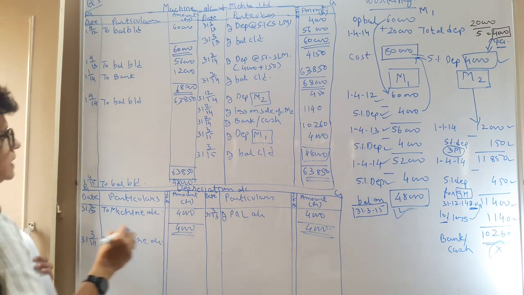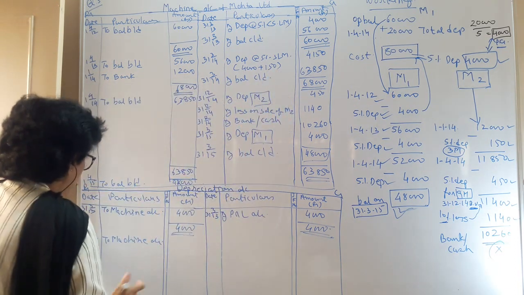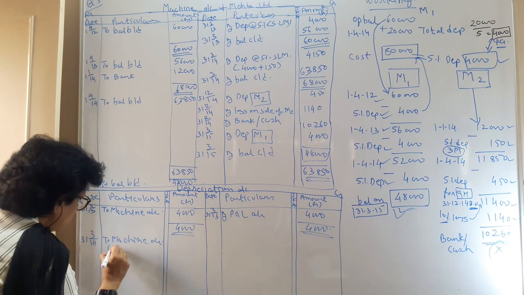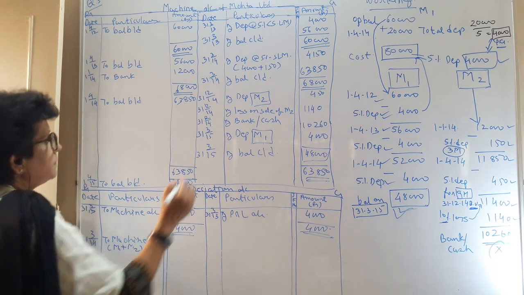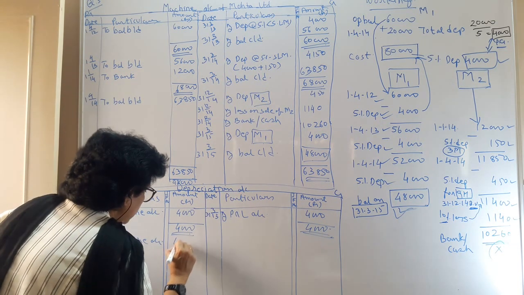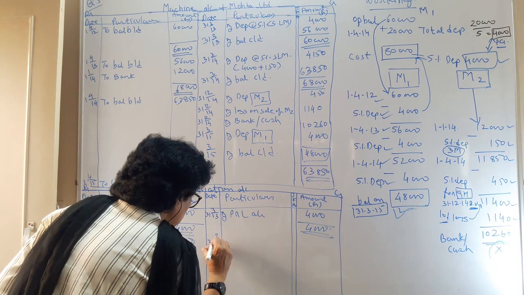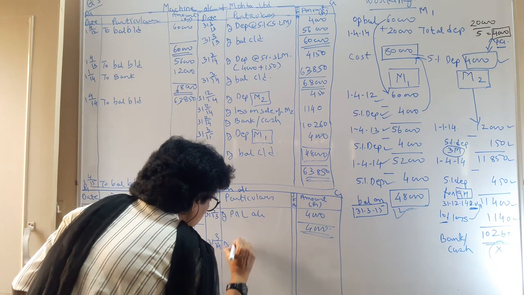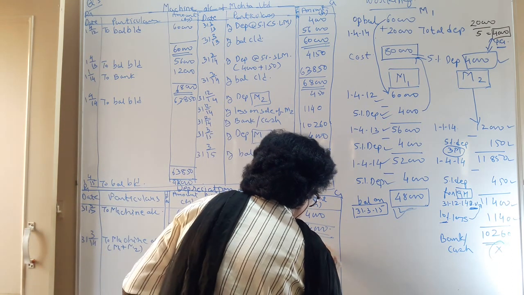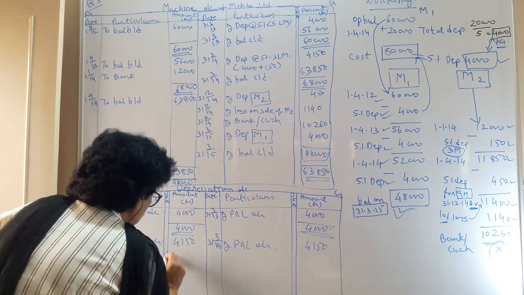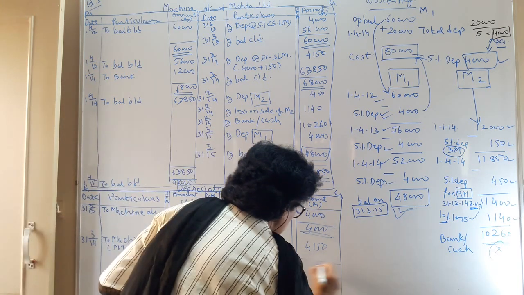Okay, we are giving depreciation for this machine. Two machines were there, M1, M2. So we are giving M1 plus M2. The total depreciation is 4,150. Okay, and the same amount we have to transfer by profit and loss account, the same amount 4,150. This is for the second year. So again here your machine depreciation account is closed.